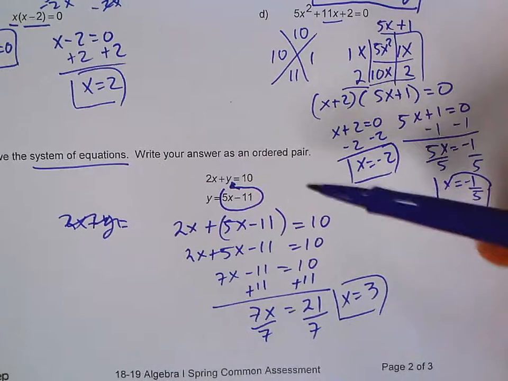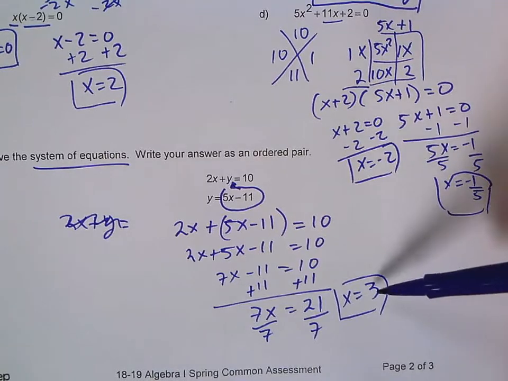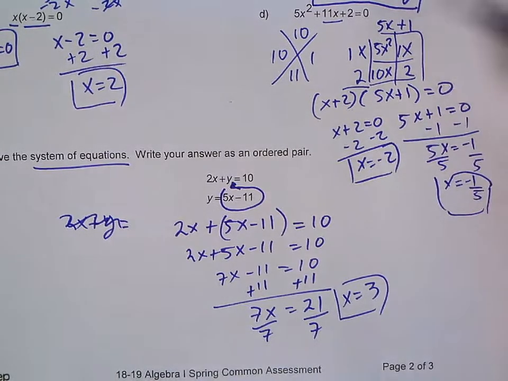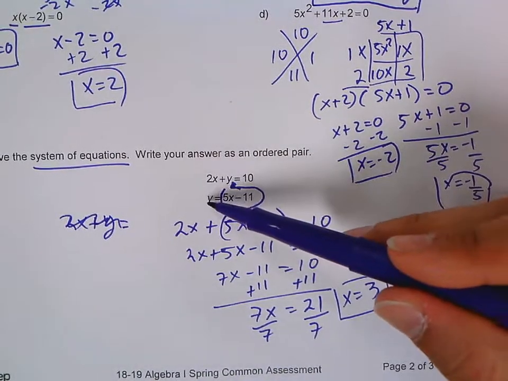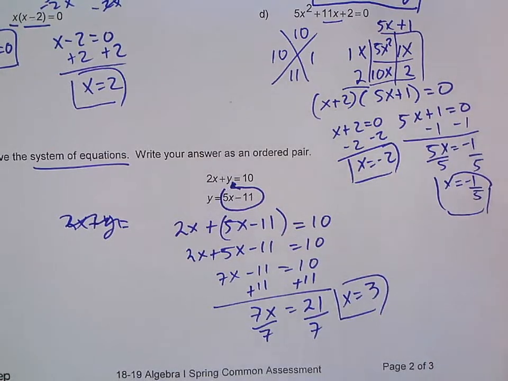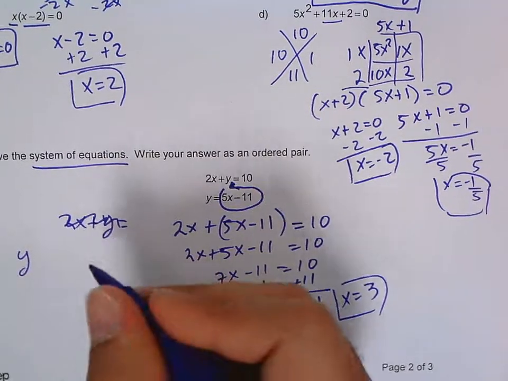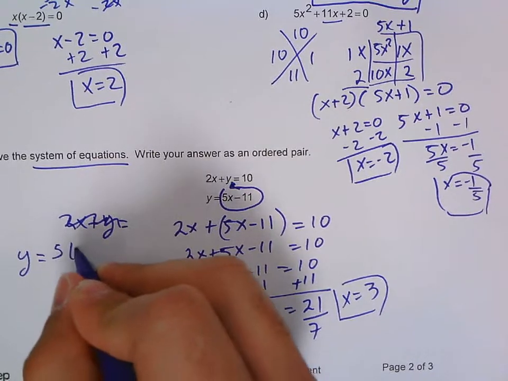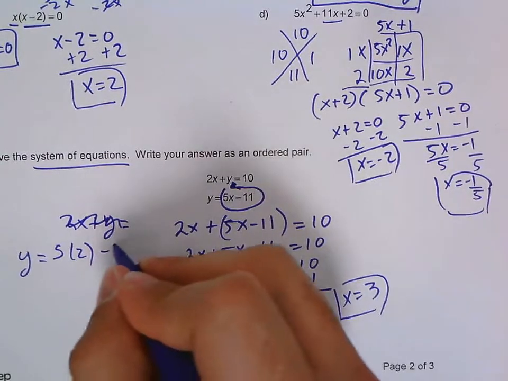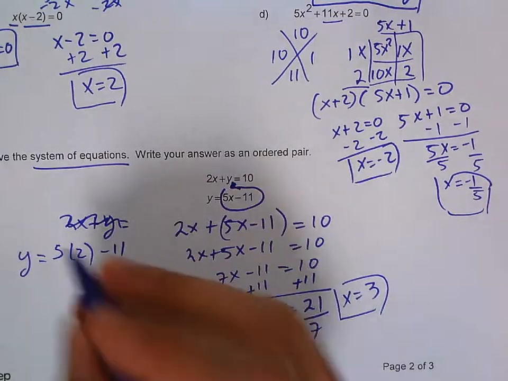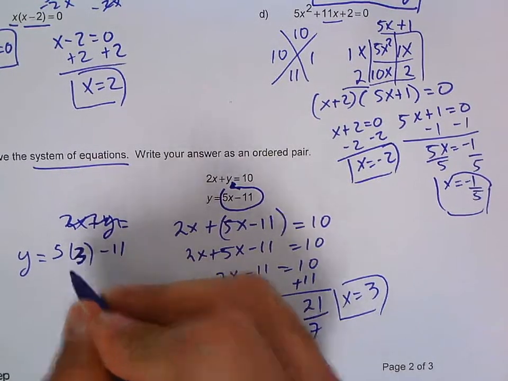Now, in order to find the value of y, I can substitute this value of x into one of the equations. And I'm going to use the second one because y is already isolated. So I'm going to do y is equal to 5 times 2 minus 11. I'm sorry, it's 5 times 3, not times 2.